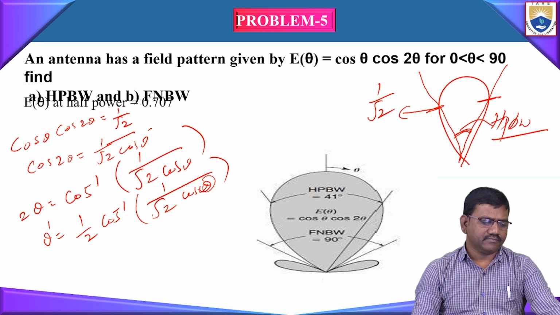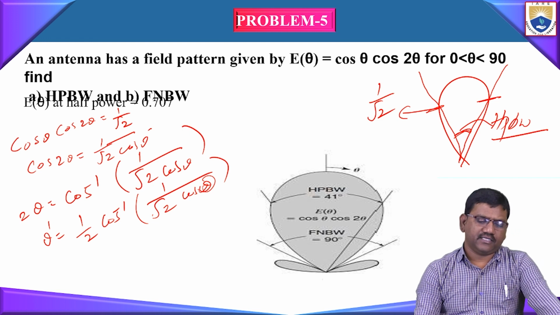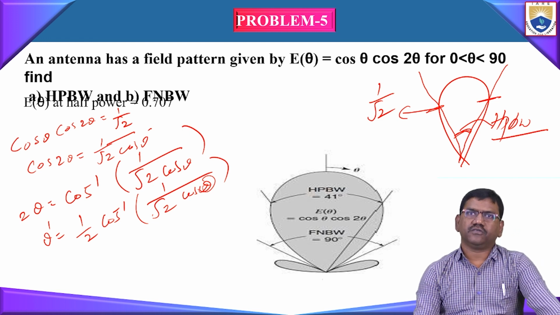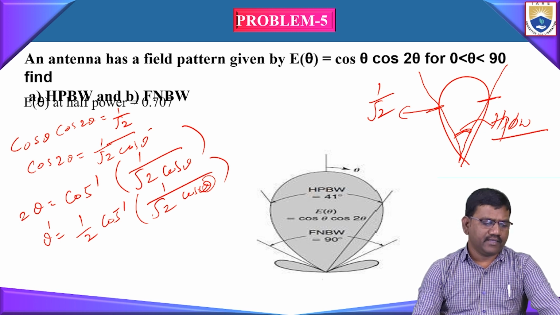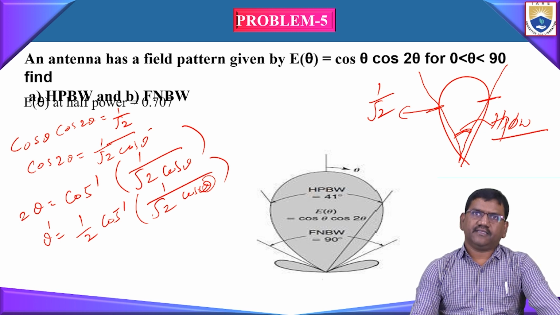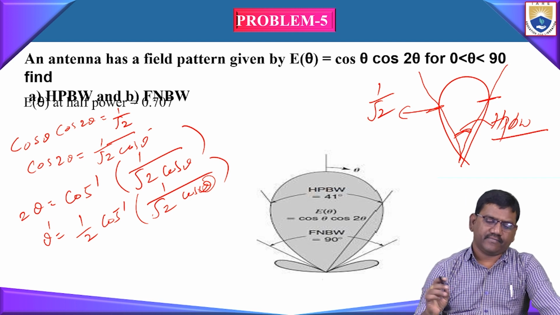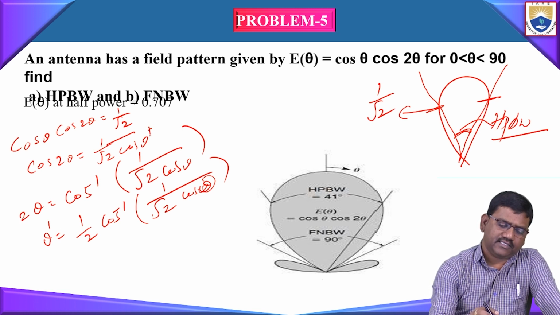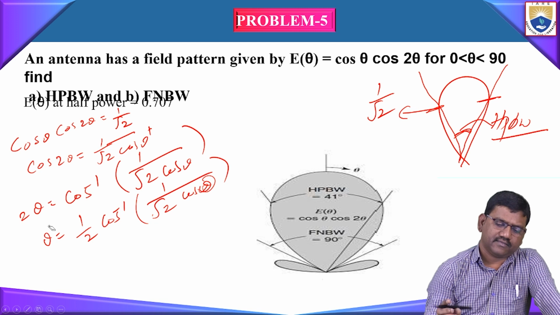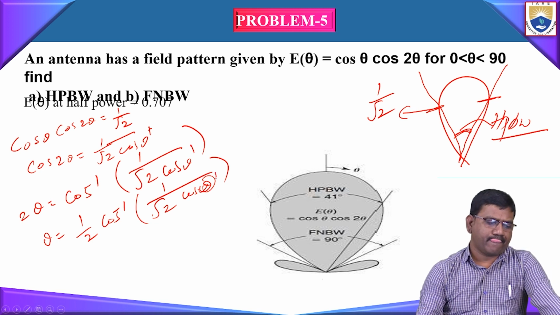So theta dash is equal to 1 by 2 cos inverse of 1 by root 2 cos theta. Now let us iterate, that means we randomly substitute some values for theta and find the value of theta dash.